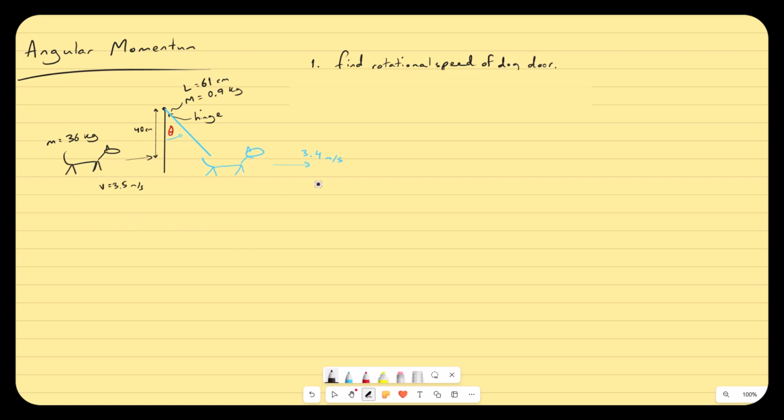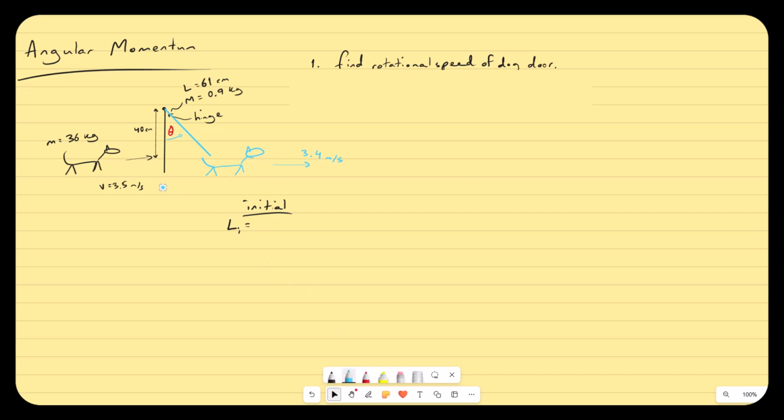First, this is an angular momentum type of collision. So initially, we have the dog running in, and what matters is all of our stuff relative to that axis.